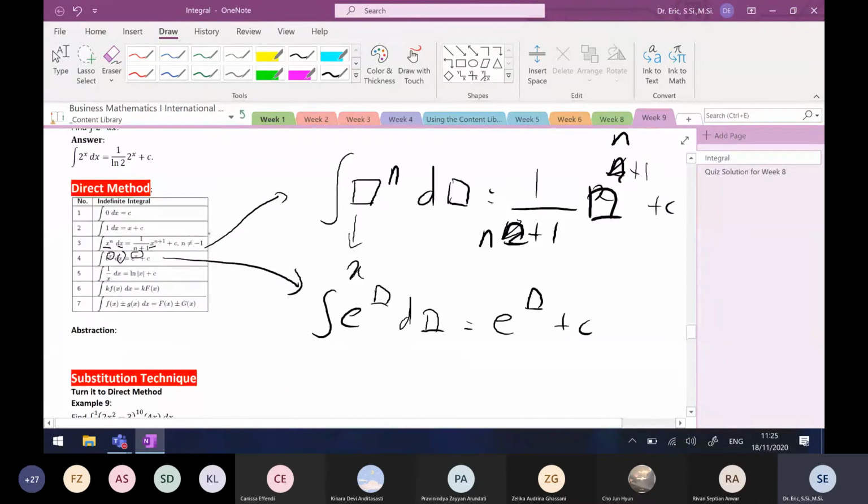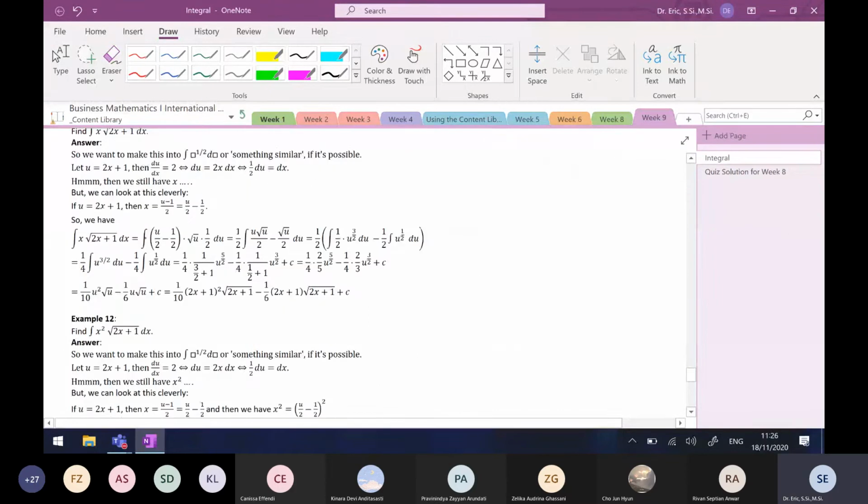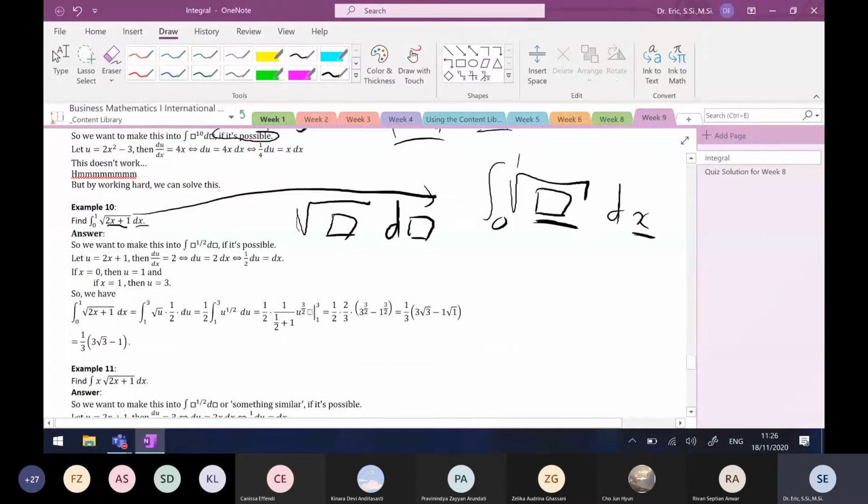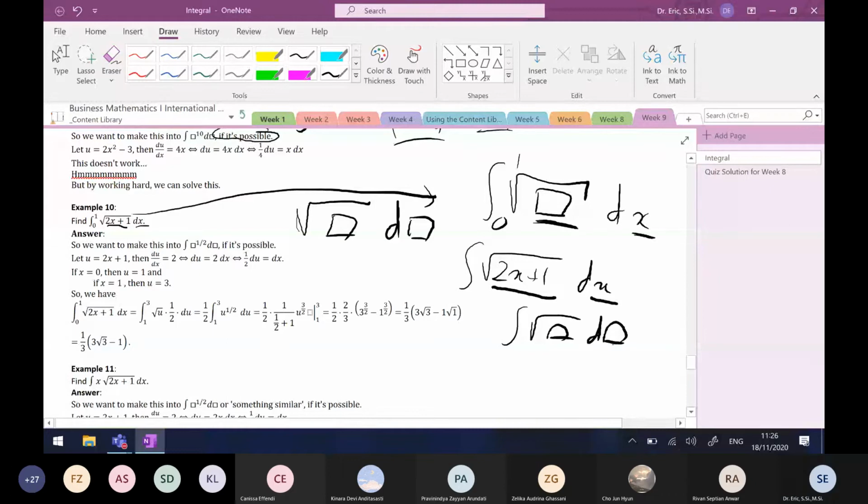So you cannot apply the direct method. Why? Because the variable is different. Square root of 2x plus 1 dx is different from this, so this is not the integral of square root of box d box. This is 2x plus 1, and this is just x, so you cannot use the direct method.